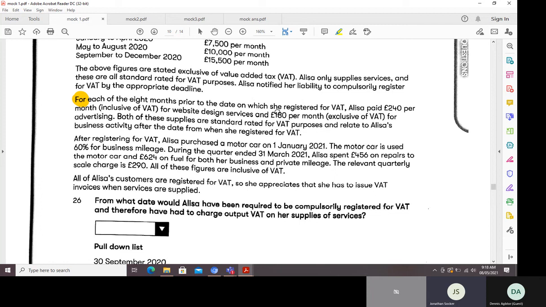So who will determine the input VAT on those expenses? The first one, we have 240, which is for website design, and that one is inclusive. So how do you get the VAT component of the 240?